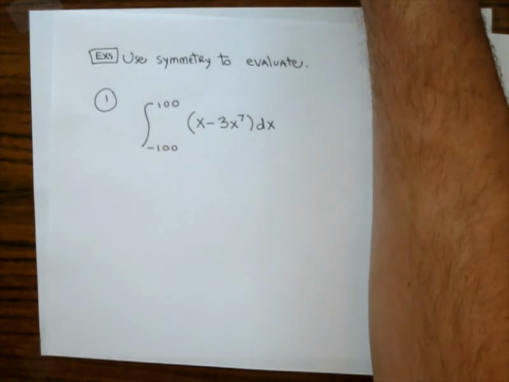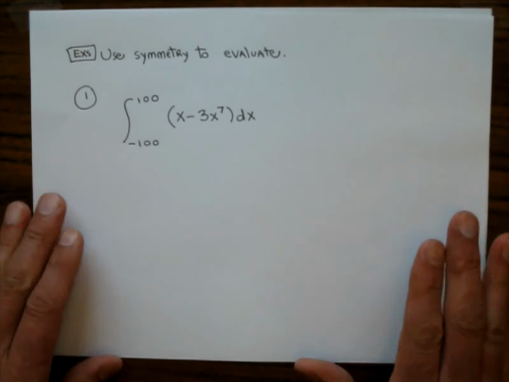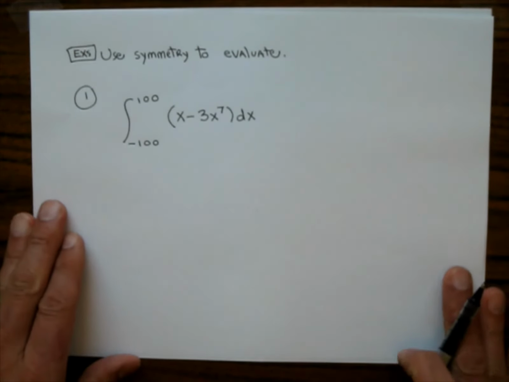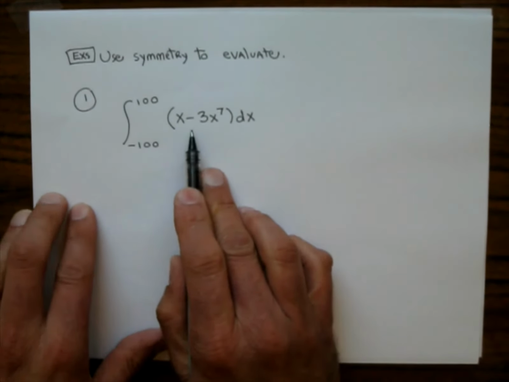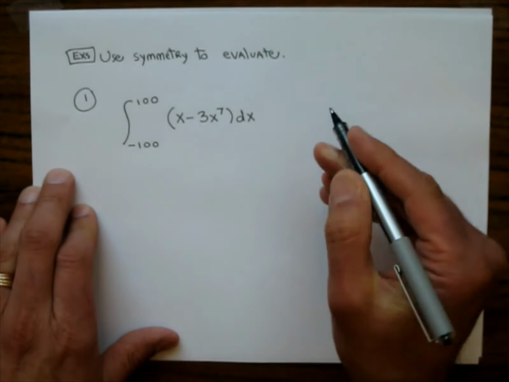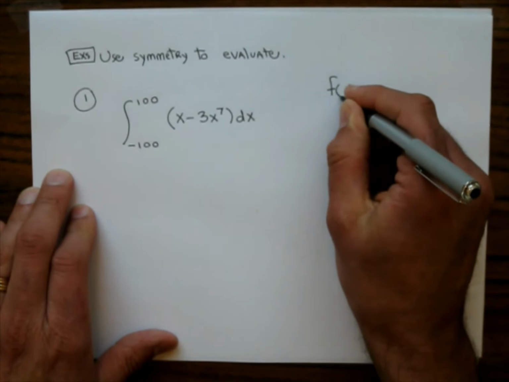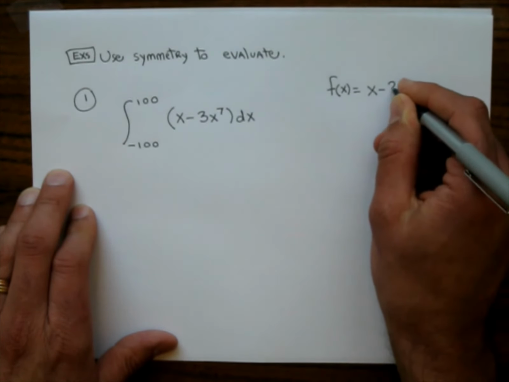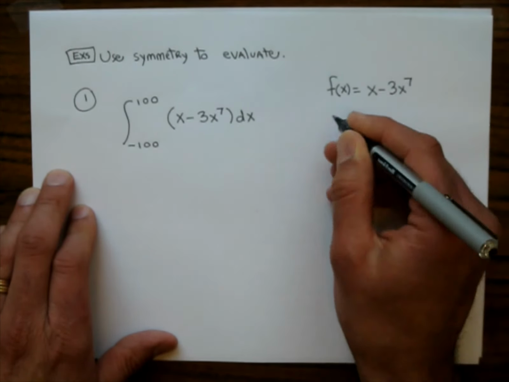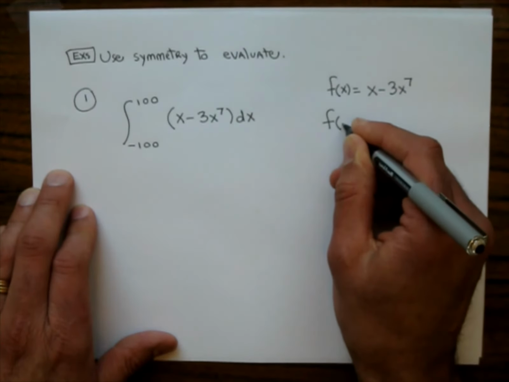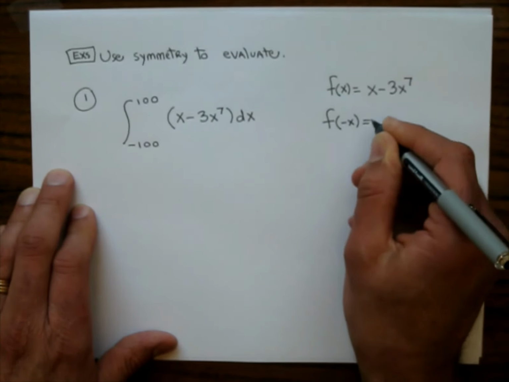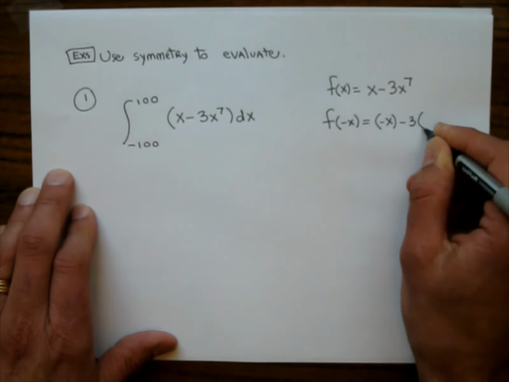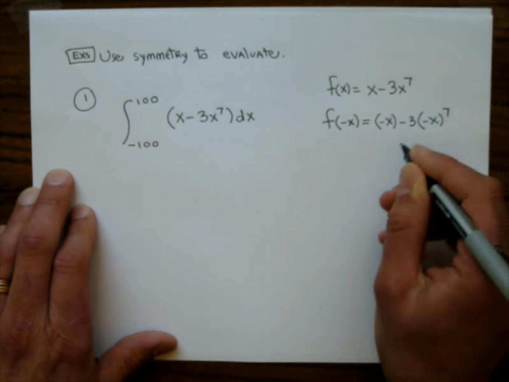They look like this. Use symmetry to evaluate the integral. Okay, so we have this function right here. Maybe off to the side you can do this. f of x is x minus 3x to the 7th. Some of you already know the result that will happen. We put negative x in there, and we end up getting negative x minus 3 times negative x to the 7th.